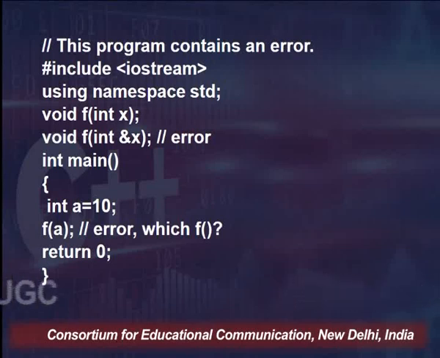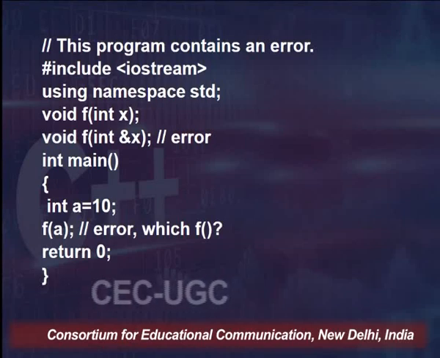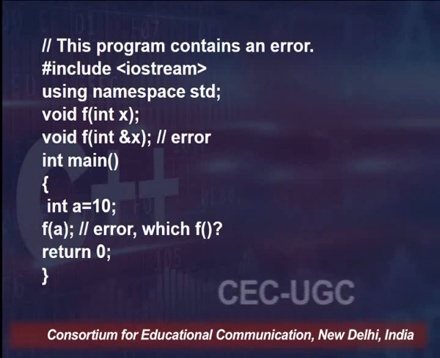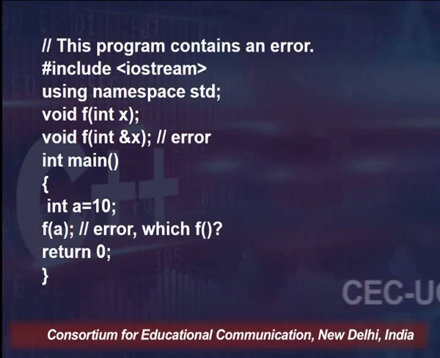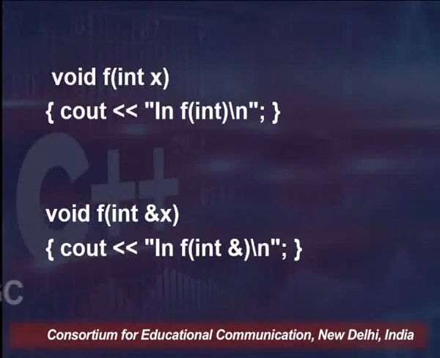As you are all aware, whenever we introduce &, we are talking about a reference parameter. So here one parameter is just a call by value parameter, and another is a call by reference parameter. Now coming to the definitions.